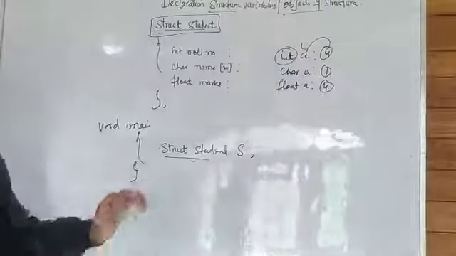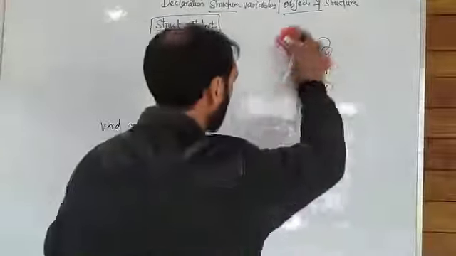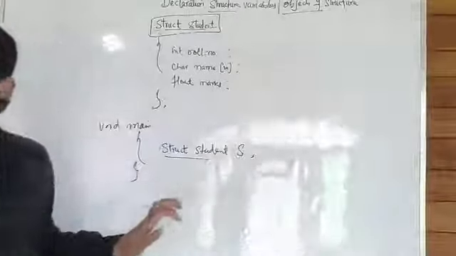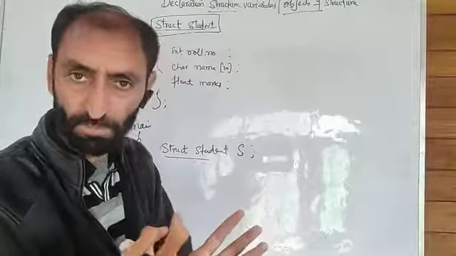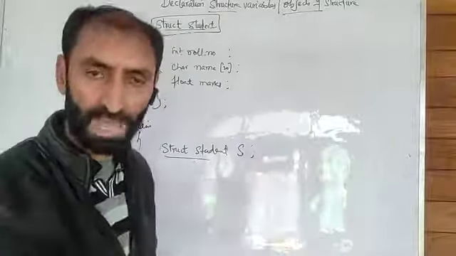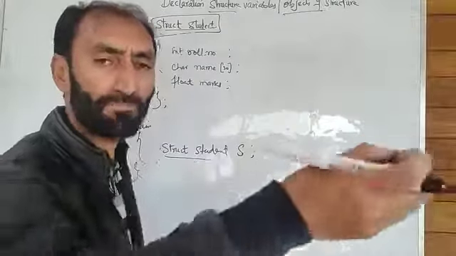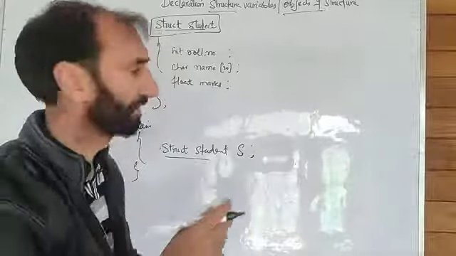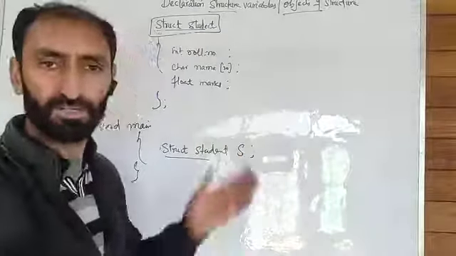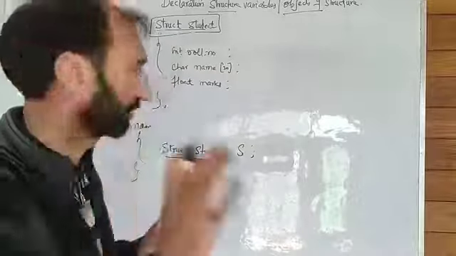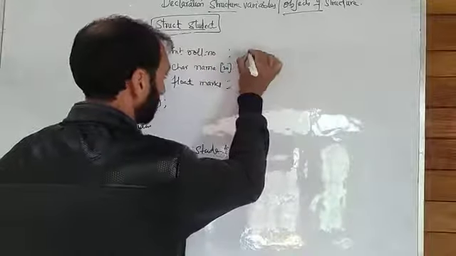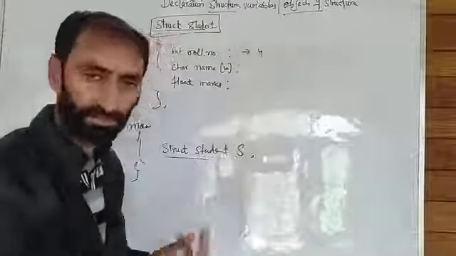Now, the question is, how much memory will be allocated by the memory manager for this? Take care. We know that integer occupies 4 bytes of memory, and in some compilers or machines, only 2 bytes. For example, we assume we are using a compiler which allocates 4 bytes to the integer. So for this, 4 bytes of memory will be allocated.